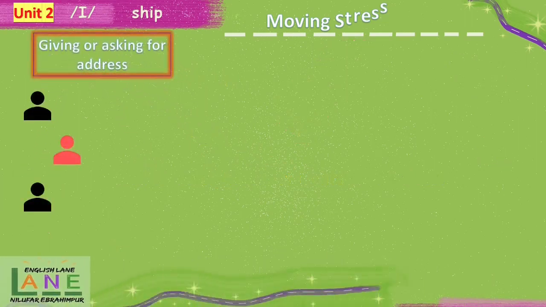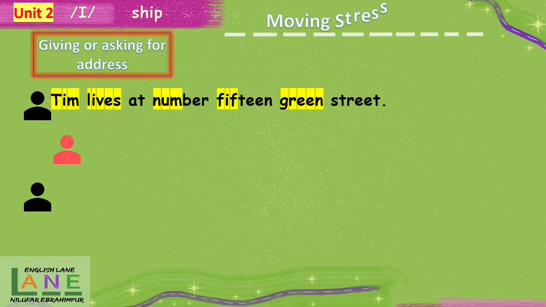For example, you want to give or ask for an address. Tim lives at number 15 Green Street. Green Street. The name of the street is stressed.